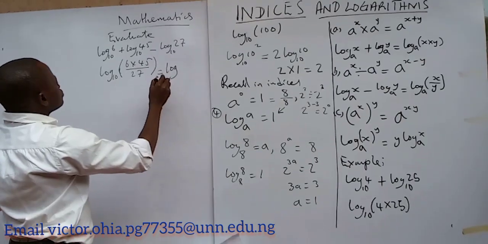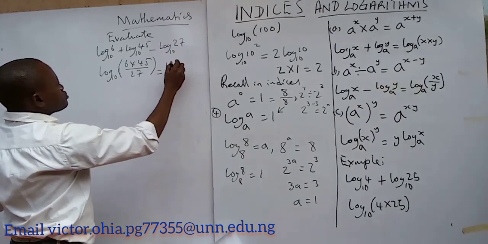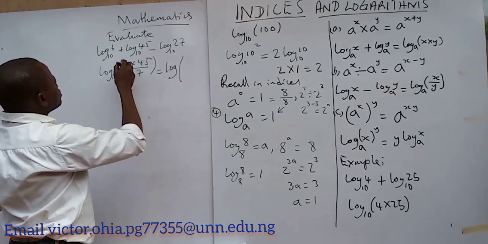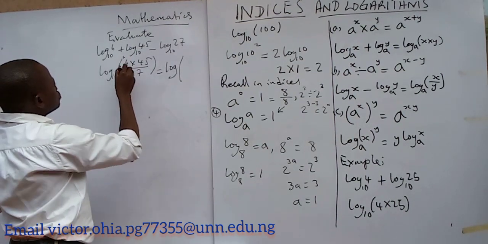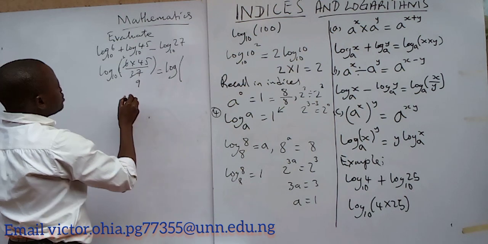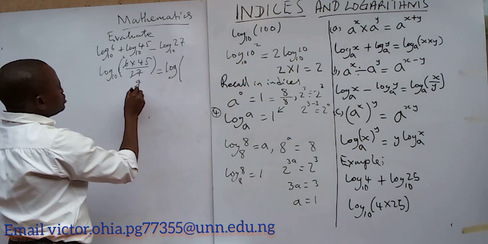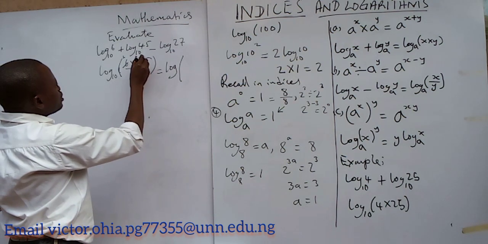I have log in bracket. You can see that 3 here gives 2, 3 here will give 9. 9 will cancel 45 and give us 5.